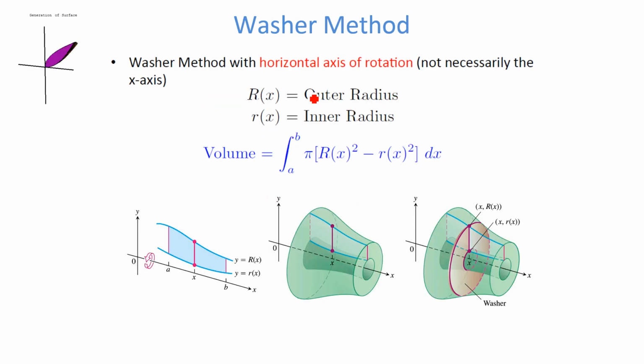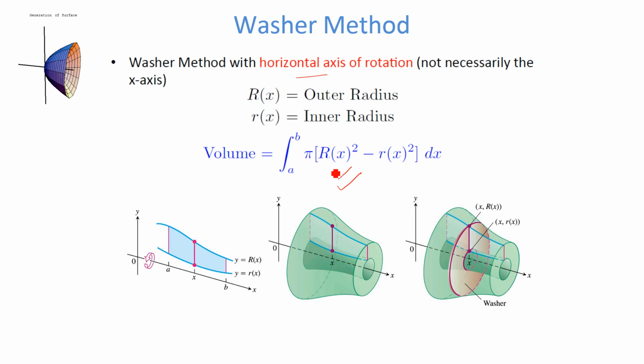So first of all, again we'll see what is the formula when we rotate the region about a horizontal axis, and what is the formula when we rotate the region about a vertical axis. So first let's see the washer method with horizontal axis rotation. That is, we are going to rotate this region about the x-axis or any horizontal axis. Then the volume is given by this formula.